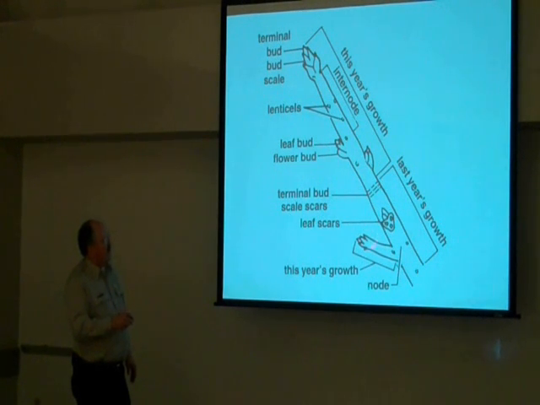The other thing I want to bring out is right here is called a lateral bud. And this has a terminal bud in it. Now, the reason that this does not grow as fast as that one does is because of what we call apical dominance, and that is that this tree is designed to grow that way. The only reason that this would have any more energy than that bud right there is if this bud is killed.